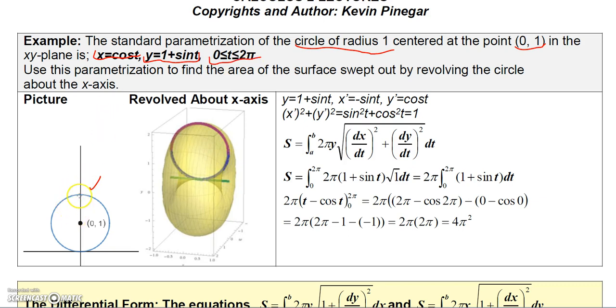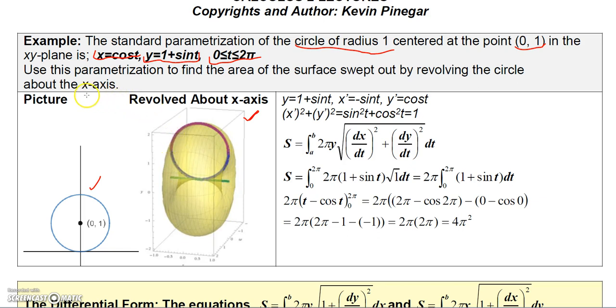Now, what if I sweep this circle around the x-axis? I kind of cheated here, and I think I used Wolfram Alpha to get this picture. This is the picture of the surface that you would have if you revolve that circle about the x-axis. It kind of looks like a tire, but it really doesn't have a hole in it here.